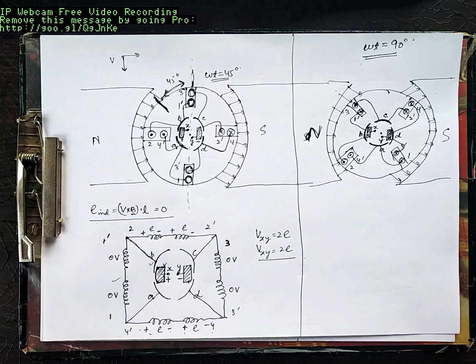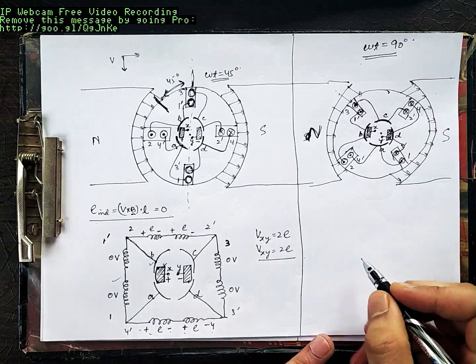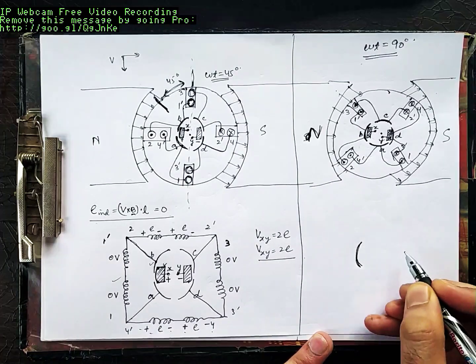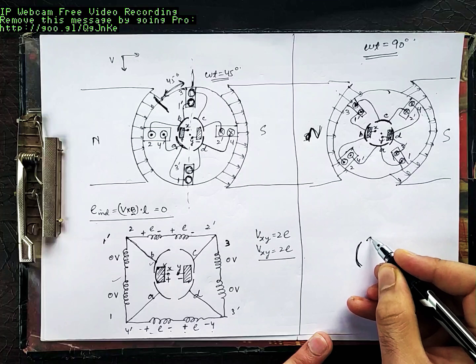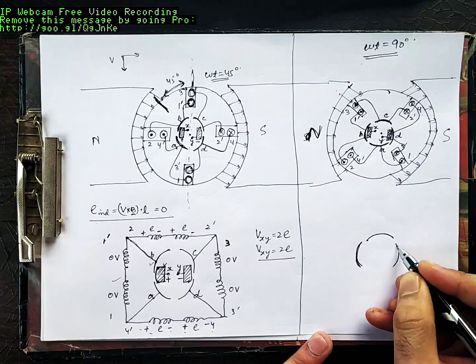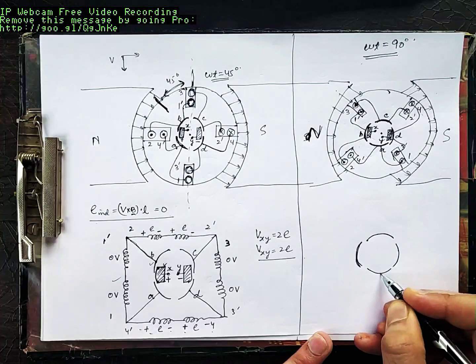Let's draw the circuit diagram for this. Now B is here, C is here, D is here, and A is here.